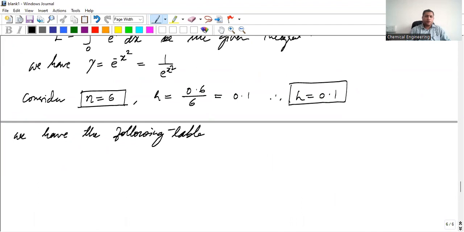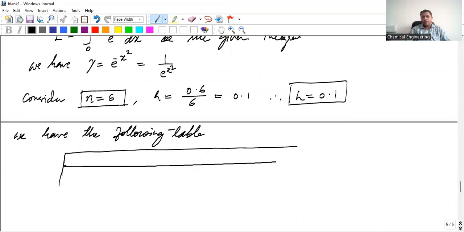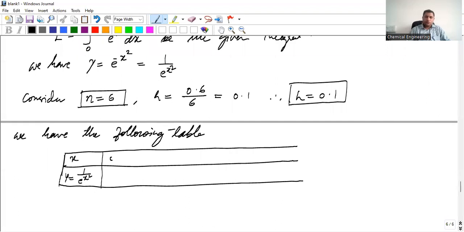So what is the table we'll be having here? This is going to be X and Y, where Y is 1 upon e raised to X square. So we have 0, 0.1, 0.2, 0.3, 0.4, 0.5, and 0.6.